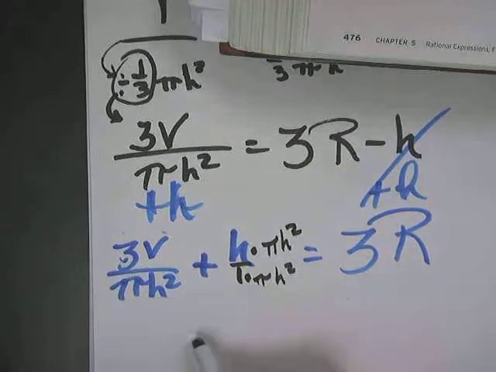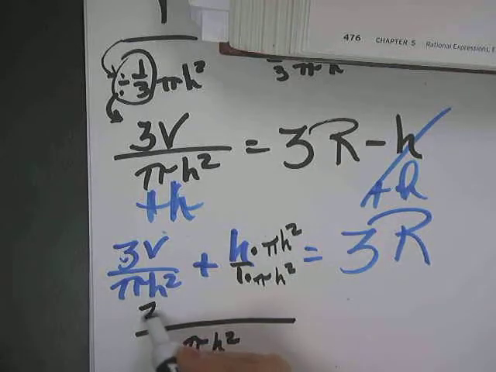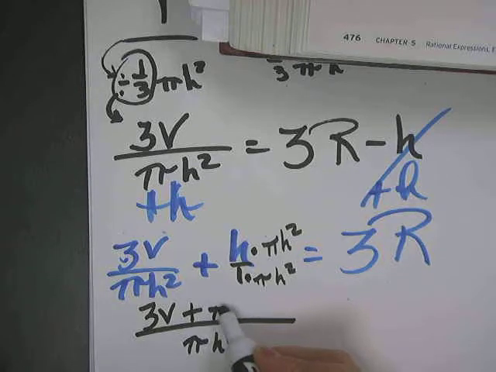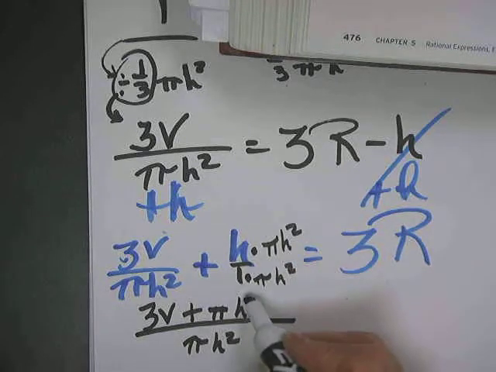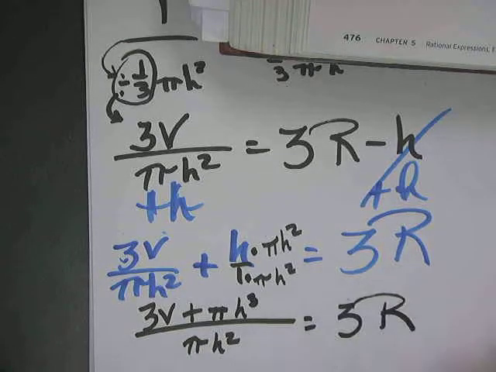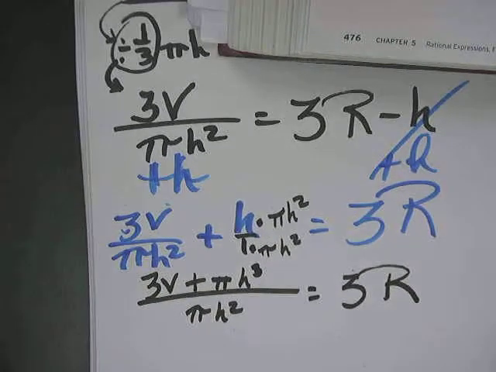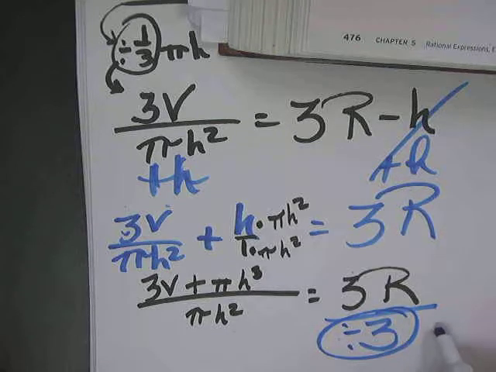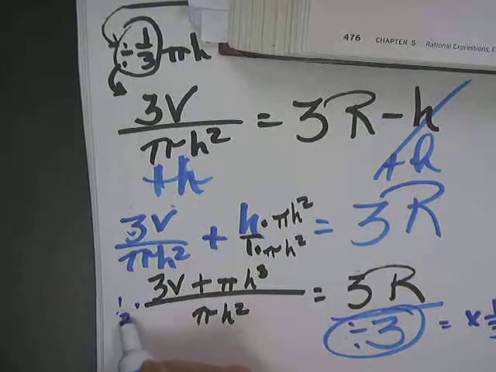If we were going to make it with a common denominator, we would have to write this times pi h squared over pi h squared. So our common denominator is pi h squared. We have 3V plus pi h to the 3rd power.